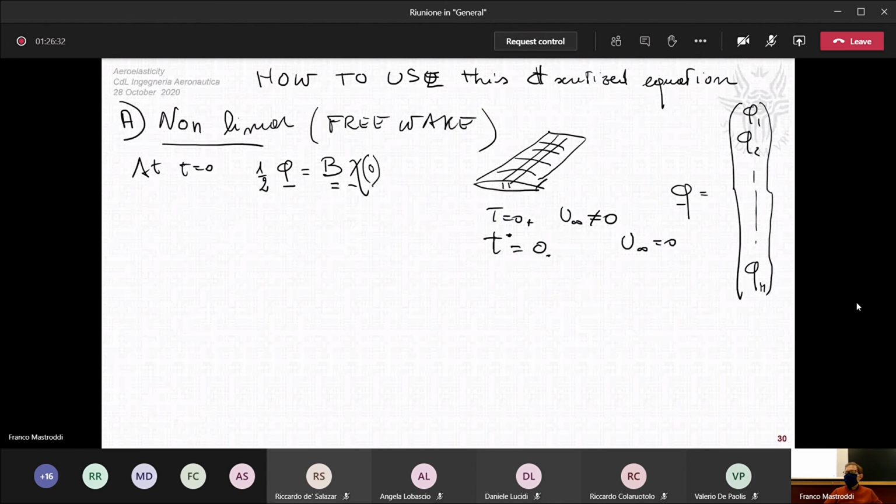At t0 plus, U infinite, and so you have to evaluate the motion of the body. Please make a distinction between the airflow, U infinite, and the velocity of the body. Velocity of the body is the velocity of the body. And here you have key equal to Q1, Q2, and so on up to Km.